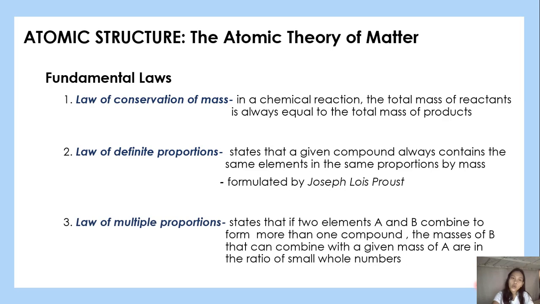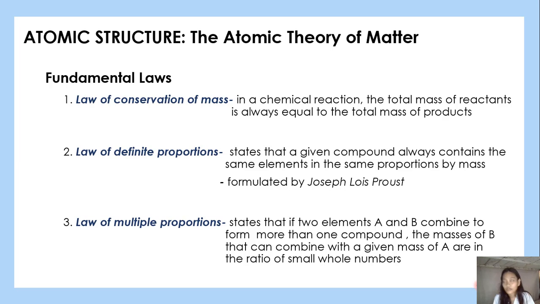Now the third law is the law of multiple proportions. This states that if two elements, like for example carbon and oxygen, combine to form more than one compound, the masses of oxygen that can combine with a given mass of carbon are in the ratio of small whole numbers.